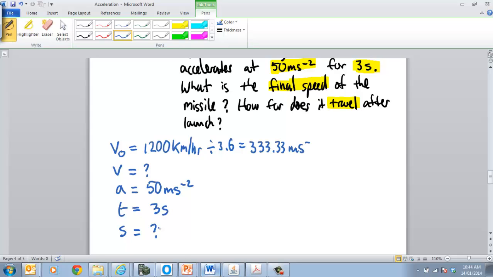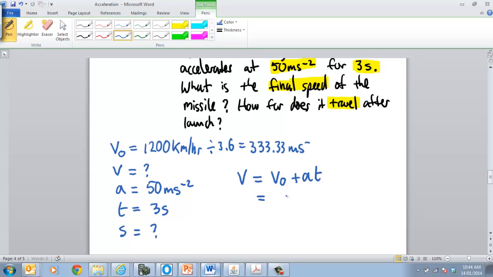Now, I do have a formula. Rather than me scrolling through, I'll just write it down. v = v0 + at, which is the same as the acceleration formula, just rearranged. That would allow me to work out my final velocity.